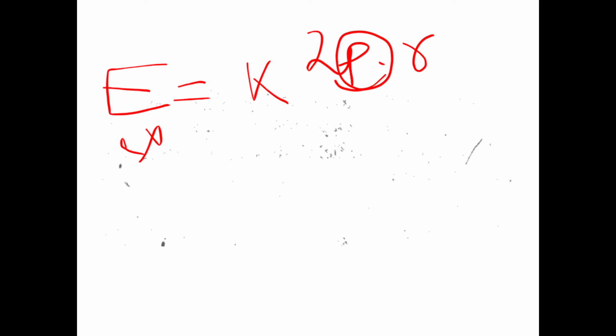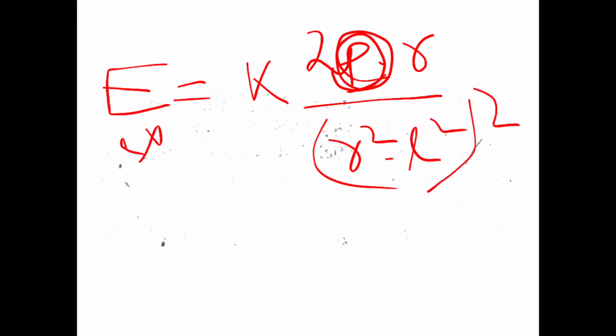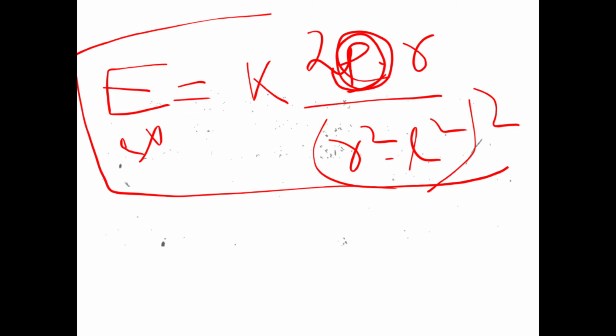What is the formula? The formula is E = k into 2p divided by (r square minus l square) whole square, where p is the dipole moment. This is the electric field intensity on the axial line. So we have to calculate from this important formula. So let's see the answer.